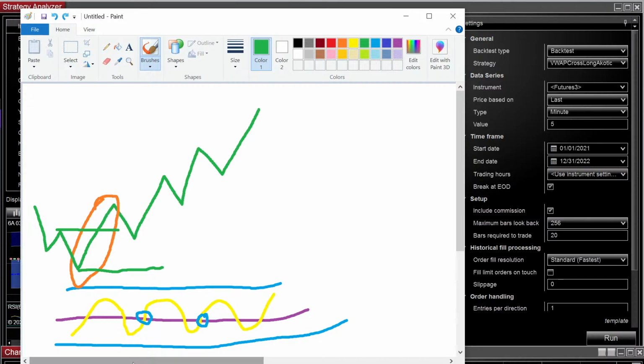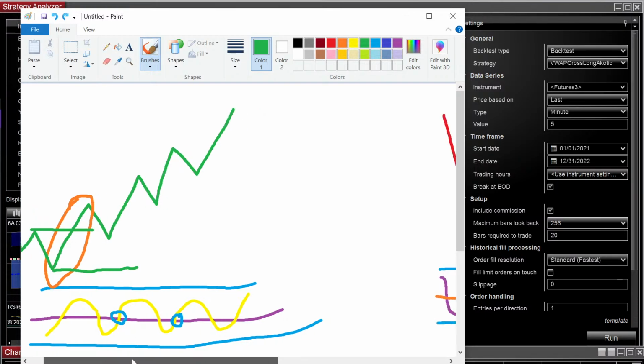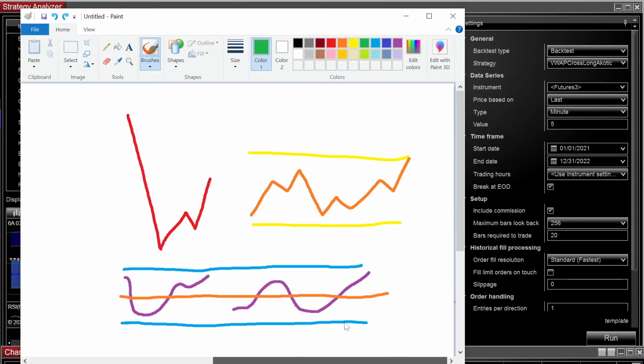Now, to further elaborate on this concept, let's look at this exact same trigger, but in different market environments. So now you might be able to understand where I'm getting at with this type of approach. Here we have the RSI crossing above the 50 line, but a very different market environment.